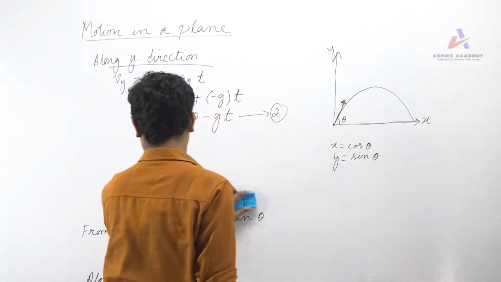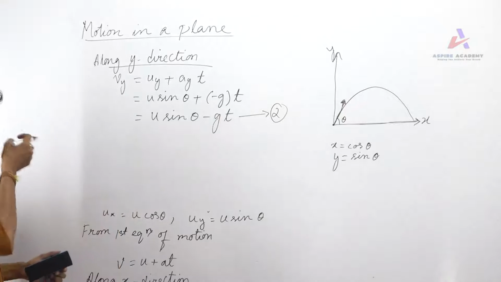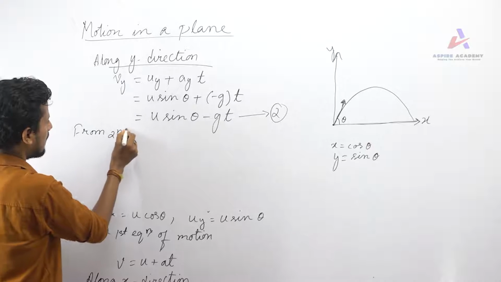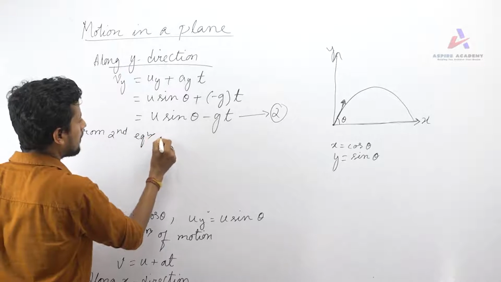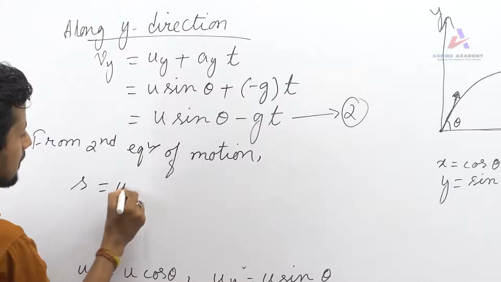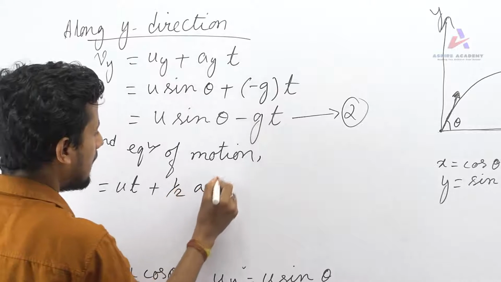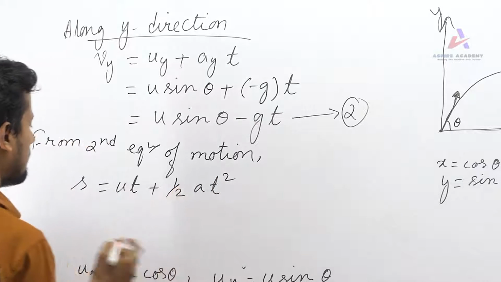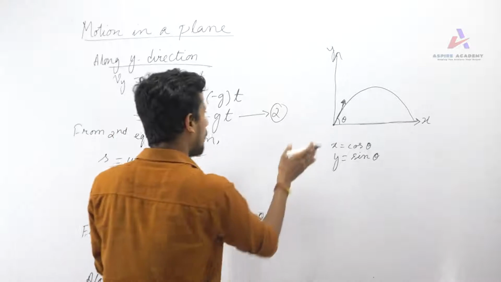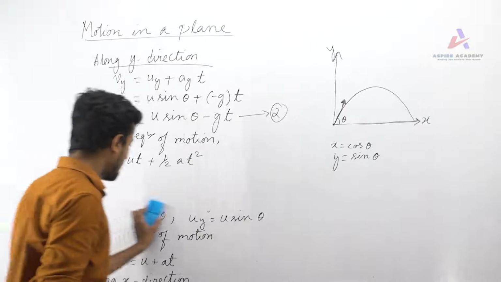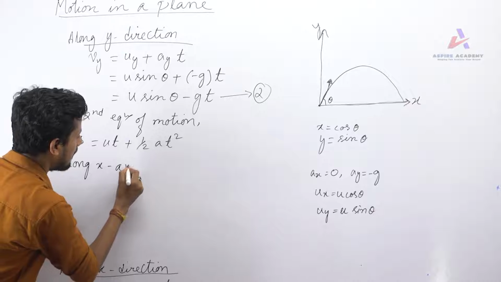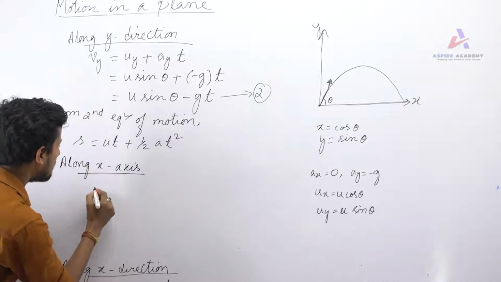Since we did it for the velocity component, now we are going to do it for the distance component. From the second equation of motion, we know that the distance is given as ut plus half at square. So along the x-axis, what will be the distance covered?